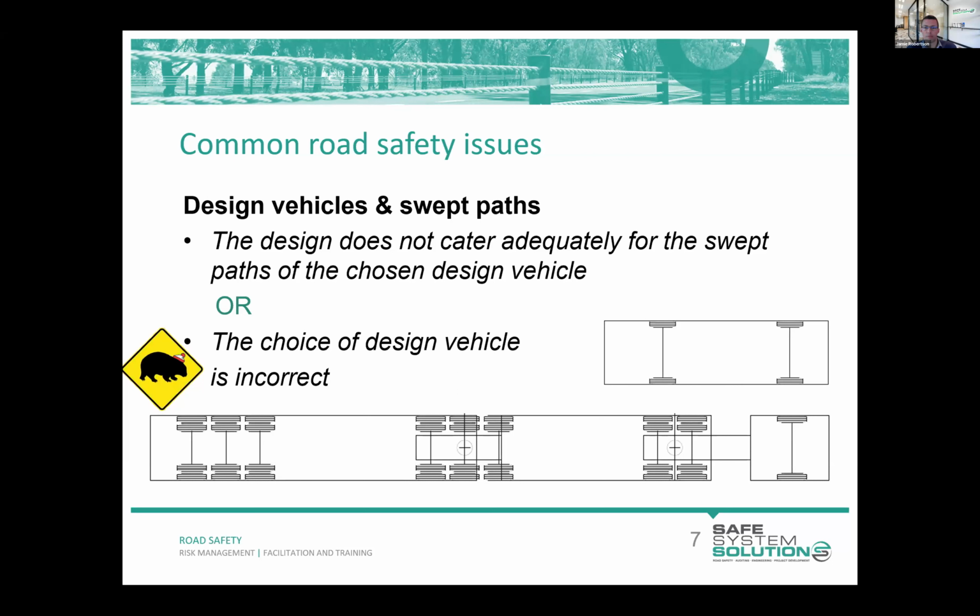Now, the checking vehicle is a larger vehicle again that might be expected to come along once in a while. And because it only comes along fairly infrequently, we accept that it might navigate the road in a less than desirable way. So it might have to mount a curb or an island to make a turn.